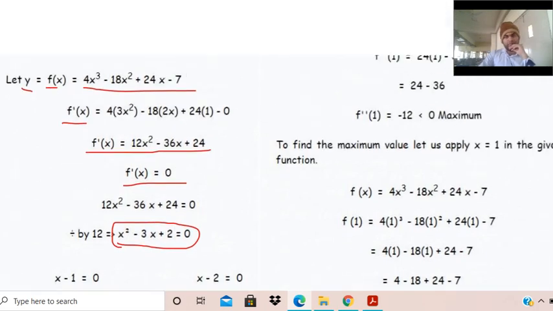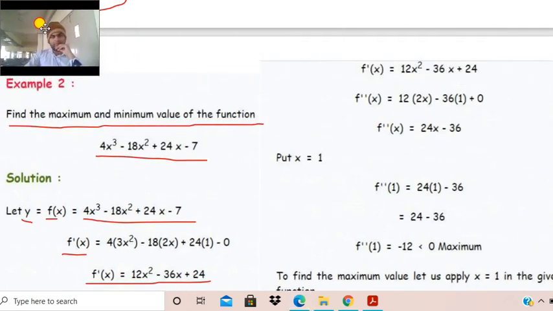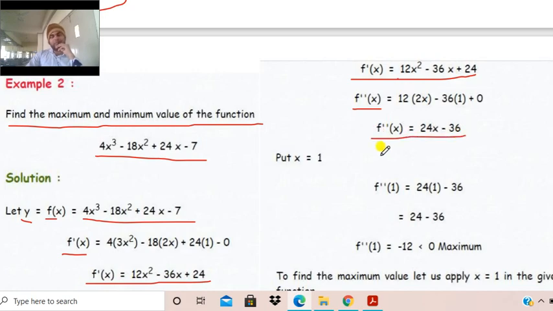Okay. Now we find f double dash x. To find f double dash x, we have to again differentiate f dash x. When we again differentiate f dash x, we will get this f double dash x. Now we put x is equal to 1 in this function, and you will get the value minus 12.